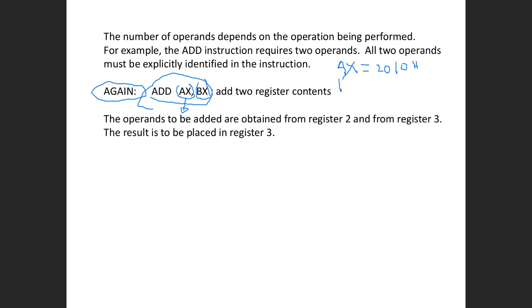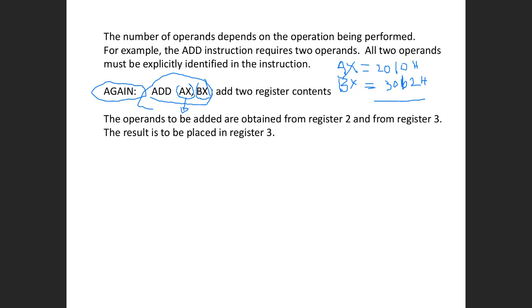Okay, and BX is 3 0 6 2H. Just for an example, if we have the instruction add AX comma BX, that means these two will be added up, and what will be the result?